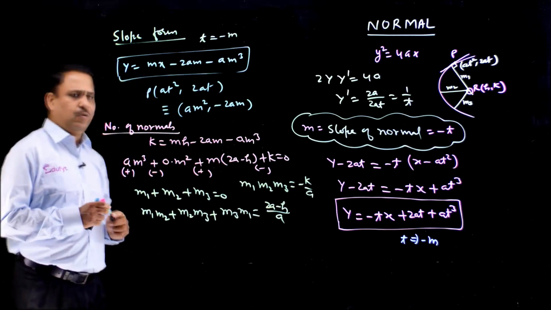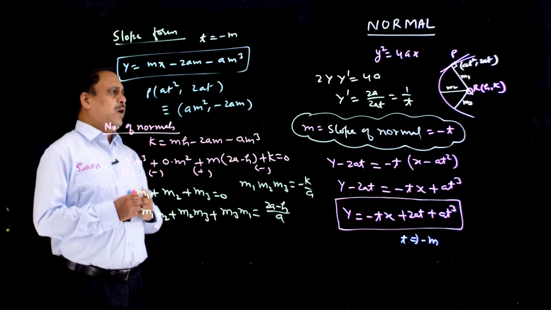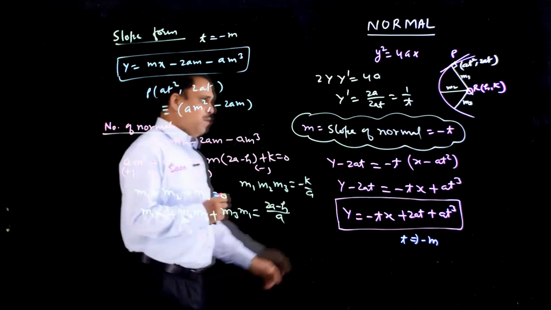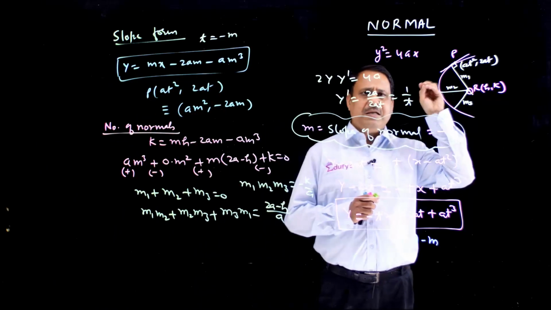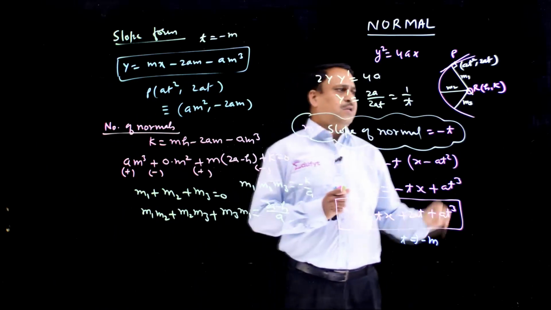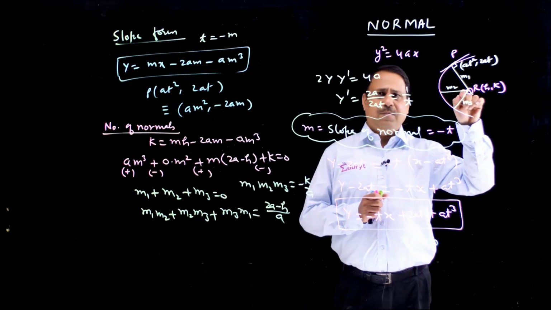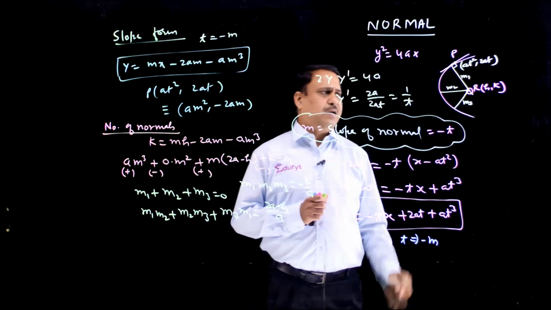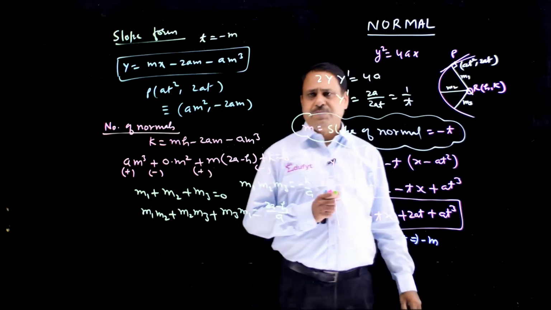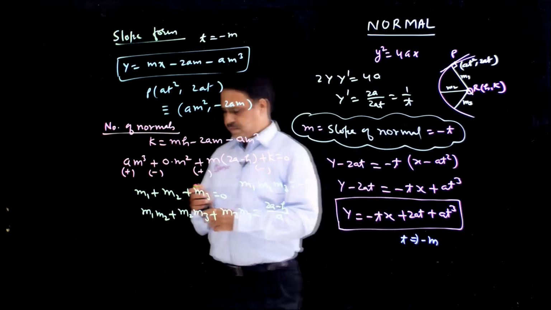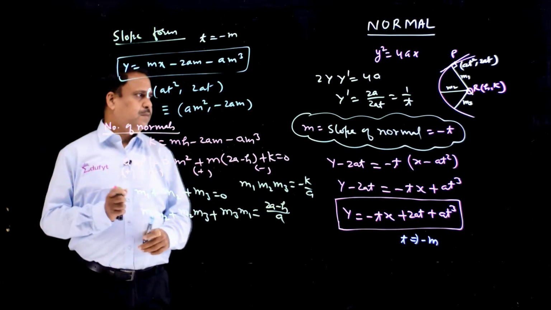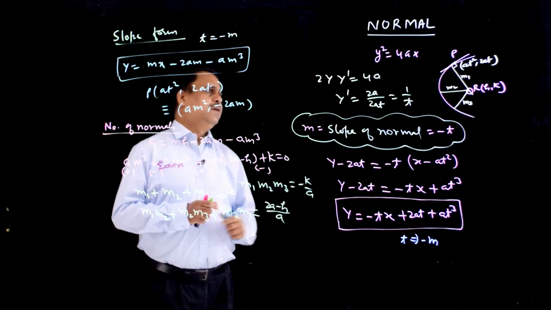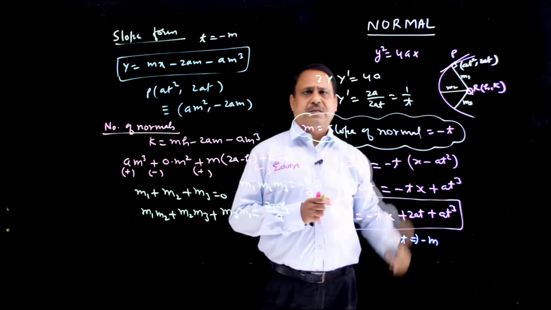So these 3 equations we will know, where m1, m2, m3 are slopes of the 3 normals which are passing through a single point. This P is known as the conormal point, and these are the feet of normals. So from a point R, I can draw 3 normals.